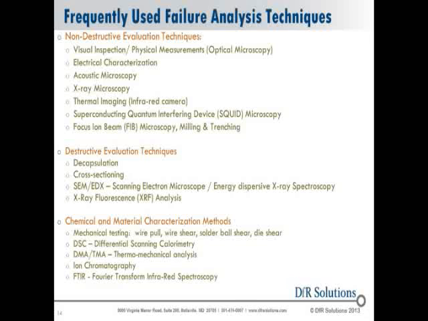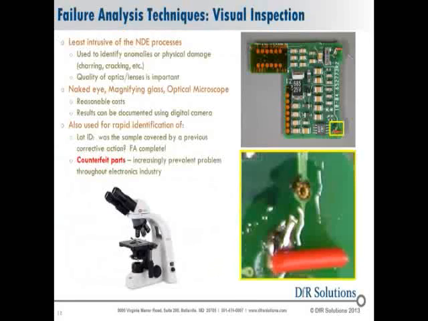So I'm going to briefly go through some of these techniques. We virtually always start out a failure analysis with detailed visual inspection, a non-destructive evaluation process where we very closely look over the device to see if there are any abnormalities going on, damage, defects, discolorations, charring, cracking, something that might indicate that here's where our abnormality is occurring.